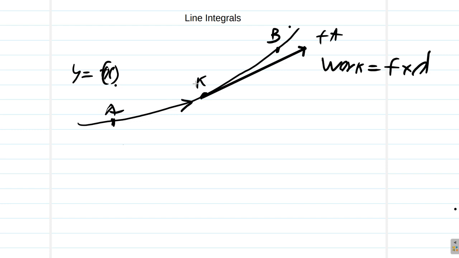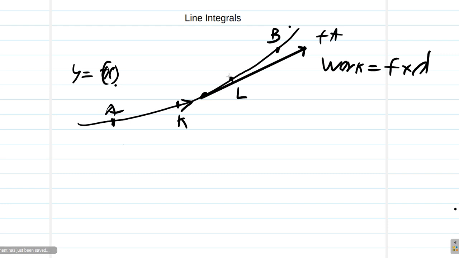Now, the thing is, you can have this force moving, say, at a particular point from this point to this point. All right, I had called this K. It has moved past K and is now right here.